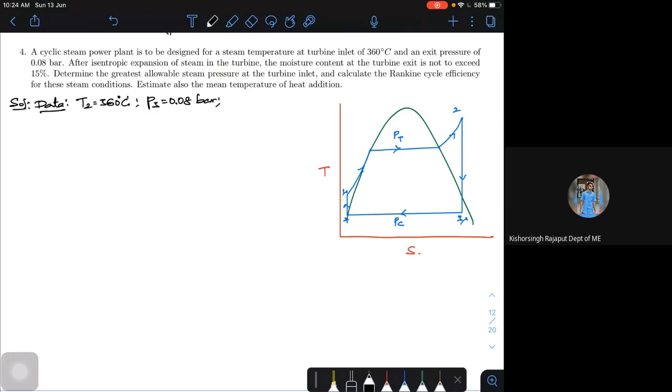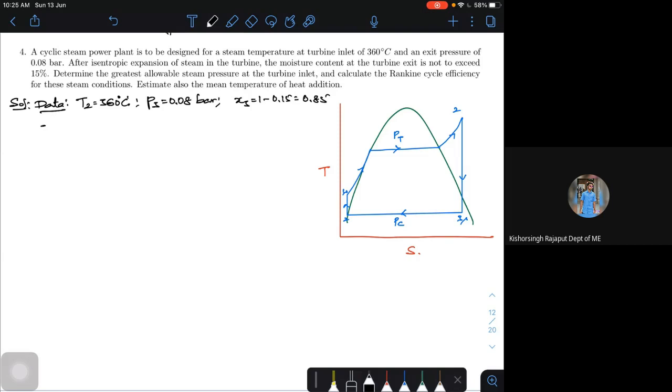At this particular point, they are telling us it is 15% wet. So what is the value of X3? X3 is equal to 1 minus 0.15, which is 0.85, 85% dry. It is given directly in the problem statement.